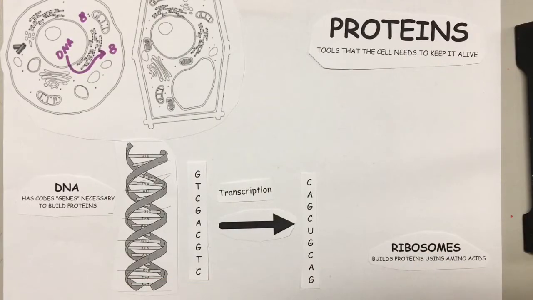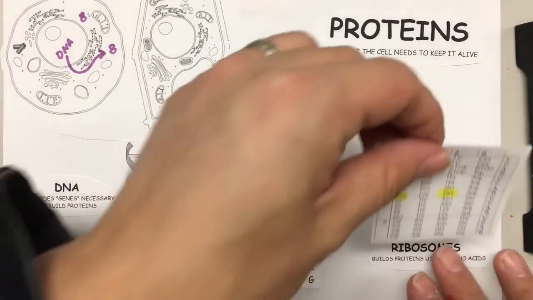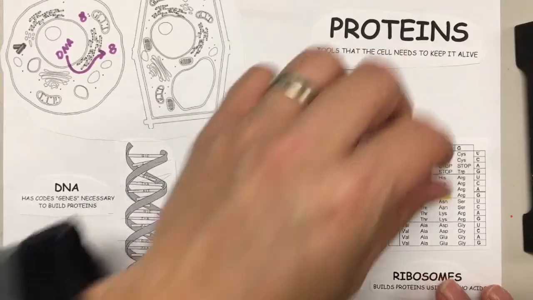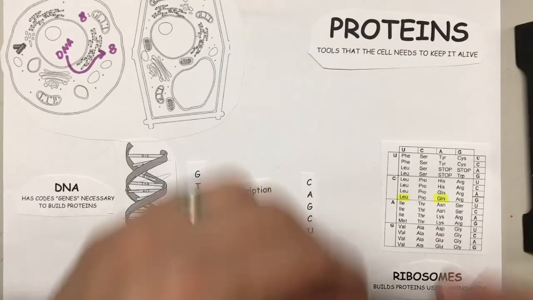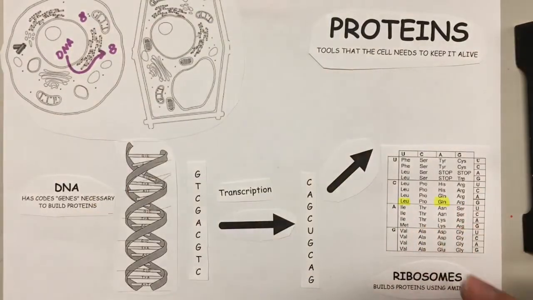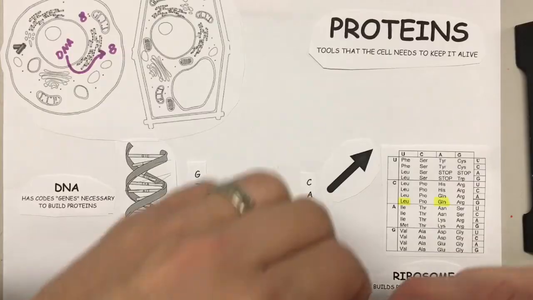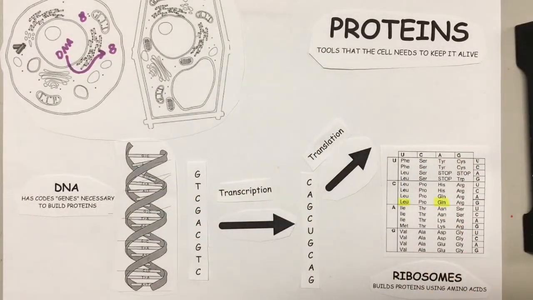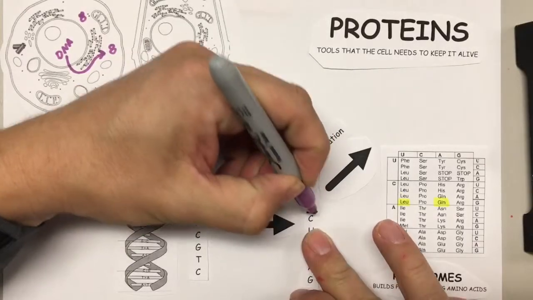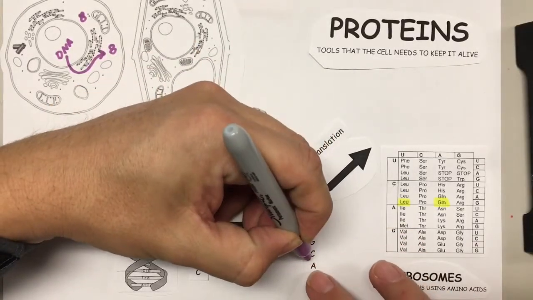The ribosome is going to use its knowledge of the codes, and in a process called translation, it's going to read the information three nucleotides, or one codon, at a time.